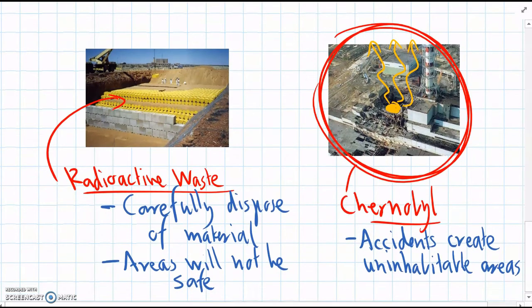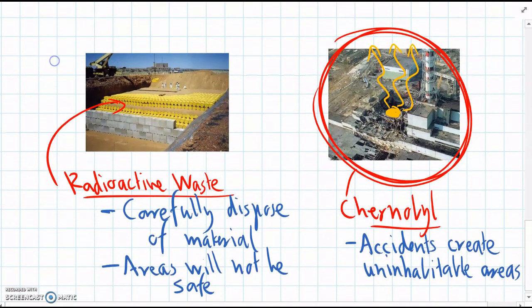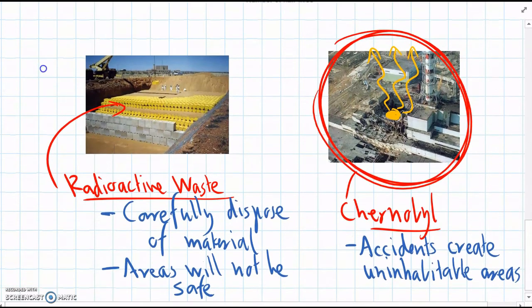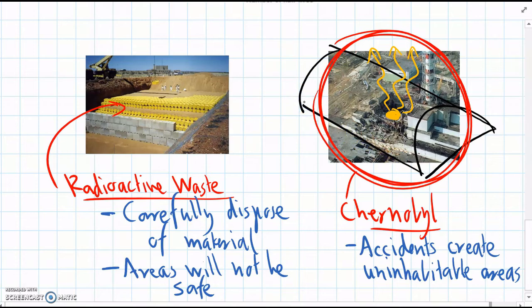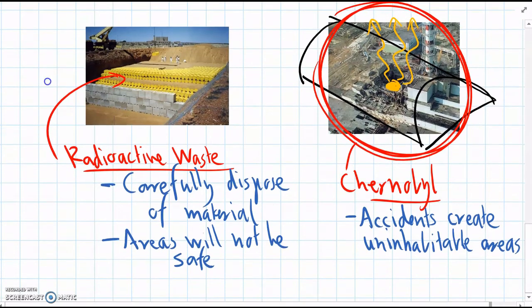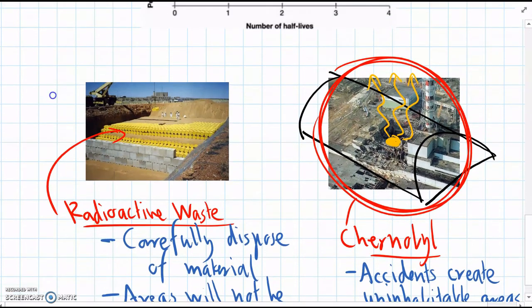And they had to evacuate the town, and nobody lives there to this day. We have actually built a giant structure that goes over the top of the old structure. So we're starting to make it a bit safer, but that uranium will still be there, and the area around it too.